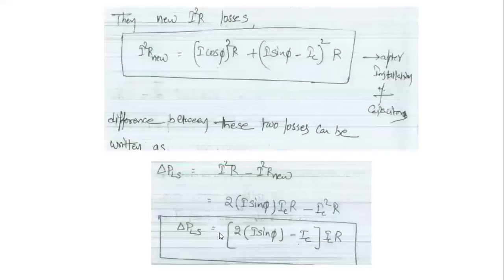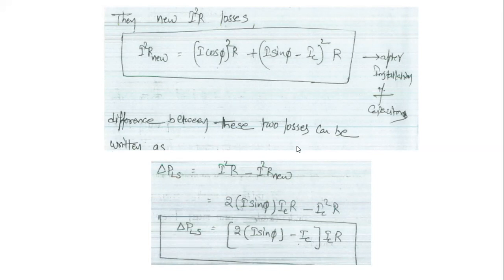That's why we derive this formula for the loss reduction when we connect the capacitors. This value is maximum at the particular location.